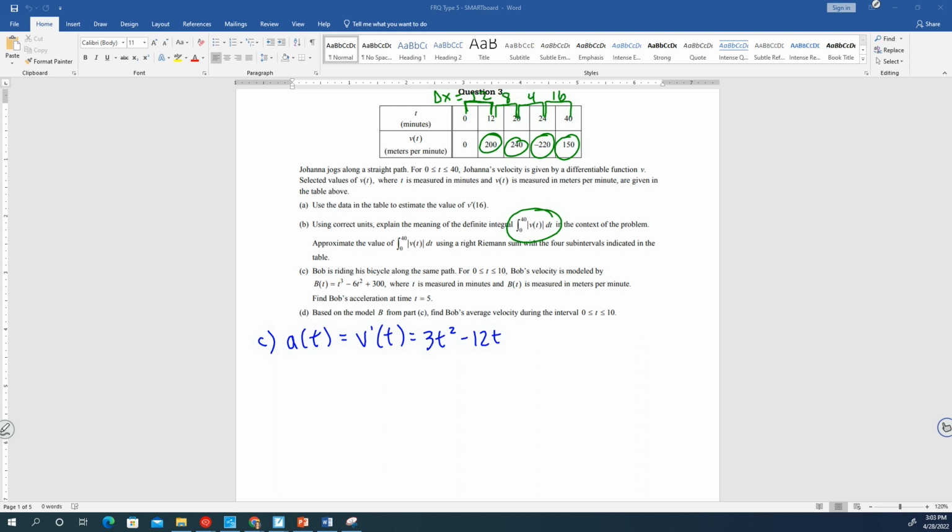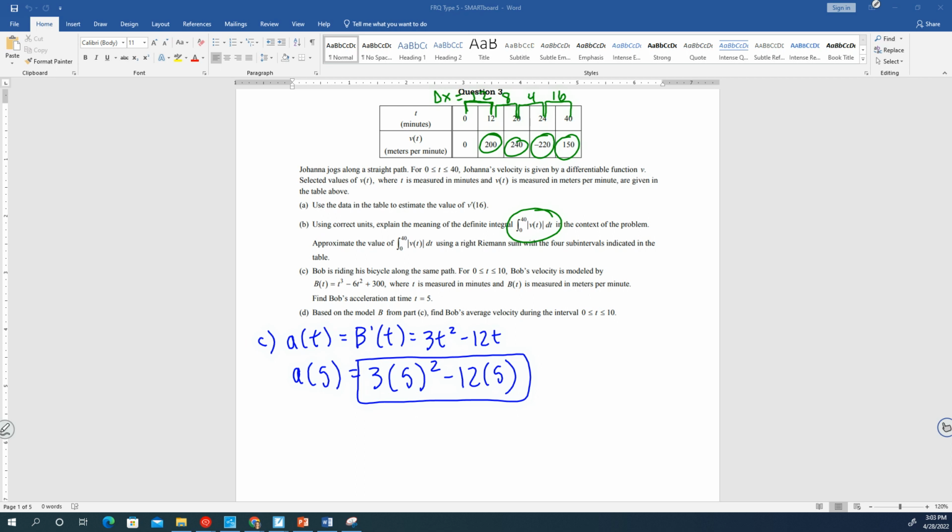Okay, so all I need to find, they're technically using B of t for his velocity. I should do this for correct notation, sorry. So the acceleration at 5, you just plug 5 in. Again, you can leave your answer like that now that we've done all the calculus and plugged in the numbers.